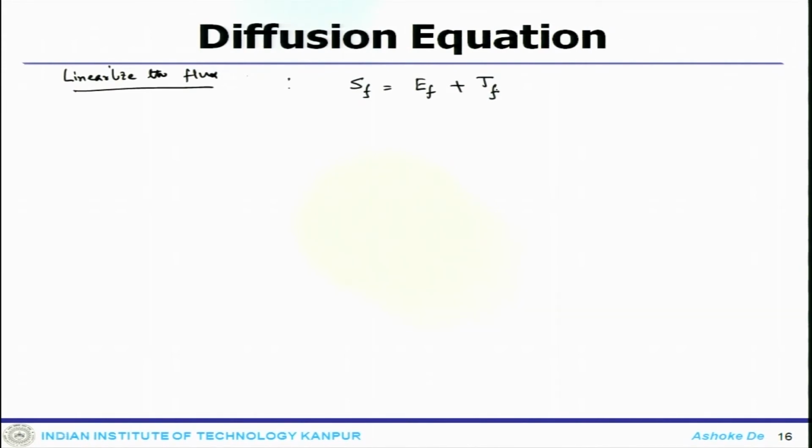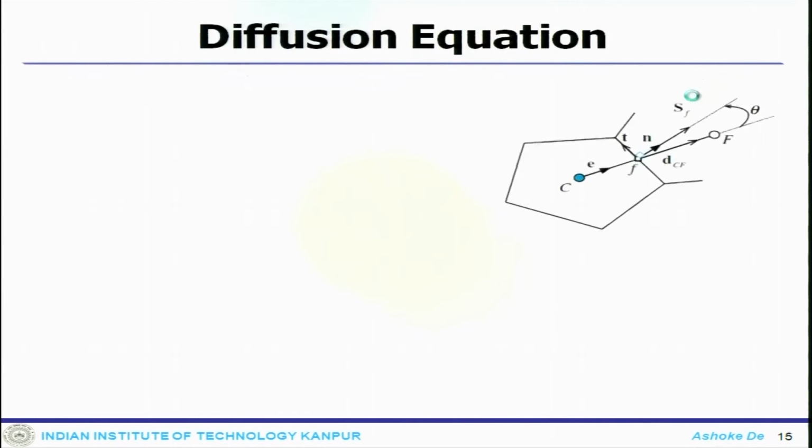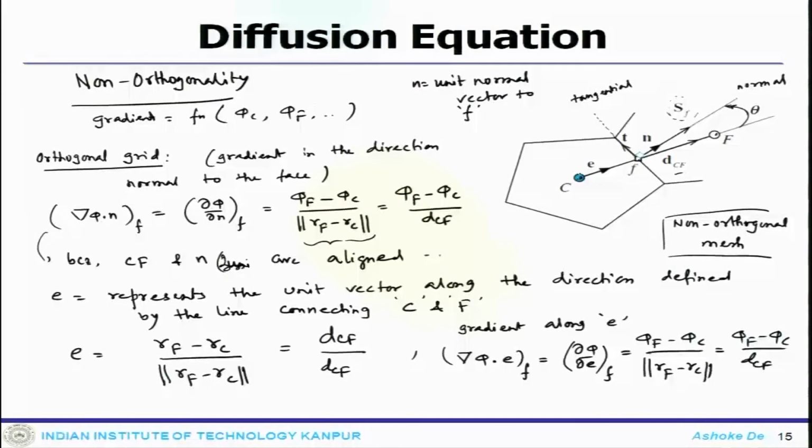Then I can write down the total surface vector in that fashion, where EF would be in the direction of CF, connecting these two points.